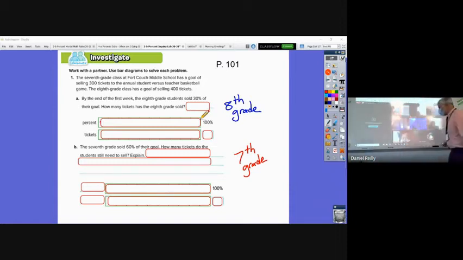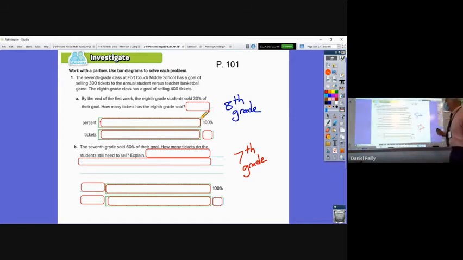Here's what this should look like. Okay, so the total, again, identify the total. So for the 8th grade class, the total is 400 tickets, and you're looking for 30%.